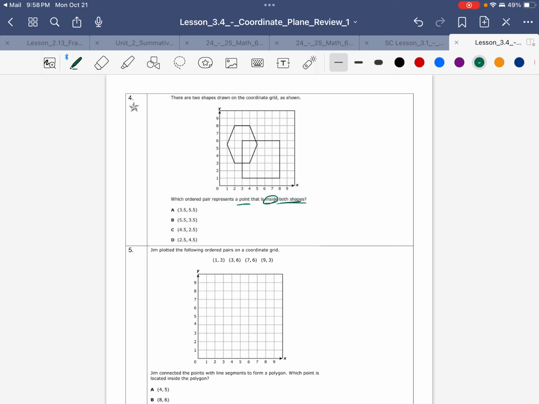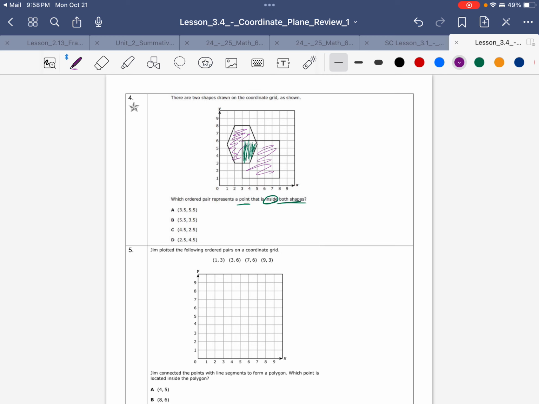So what I would do off of the top is, look, this is what's inside of both shapes right here. That little piece right there. Because out here, this is just a square, and out here, this is just our hexagon. We're looking for something in that green area.